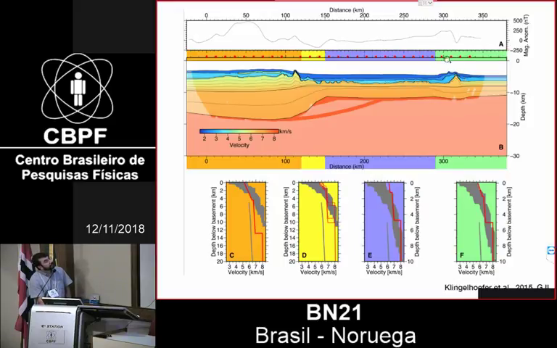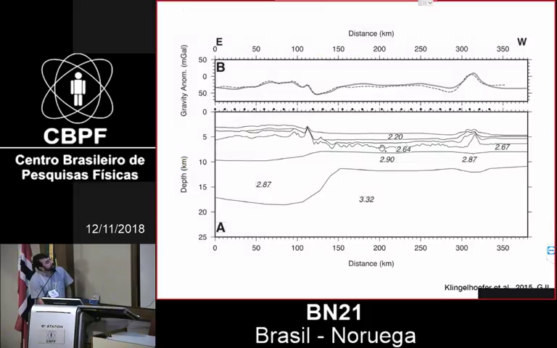Eventually the preferred interpretation is that this is related to anomalous oceanic crust. But the word anomalous says a lot about the result. The interpretation they proposed based on refraction seismic is consistent with the results they have from gravity data, and that's interesting.